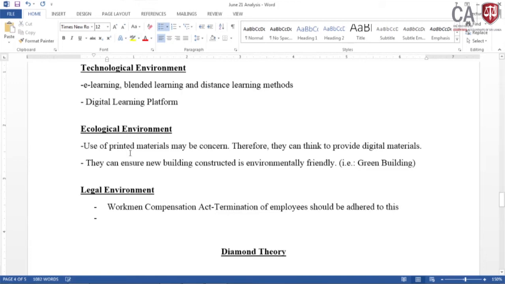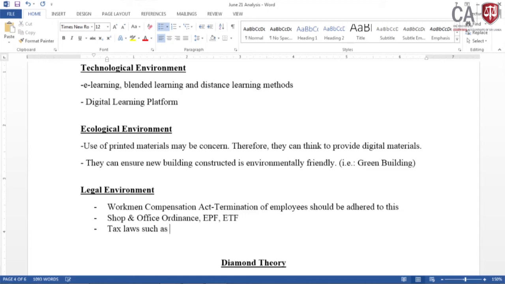Then anything else? Other normal rules like the Shop and Office Ordinance, then EPF, ETF, then tax laws such as company tax, VAT, NBT, and company income tax. Anything else?